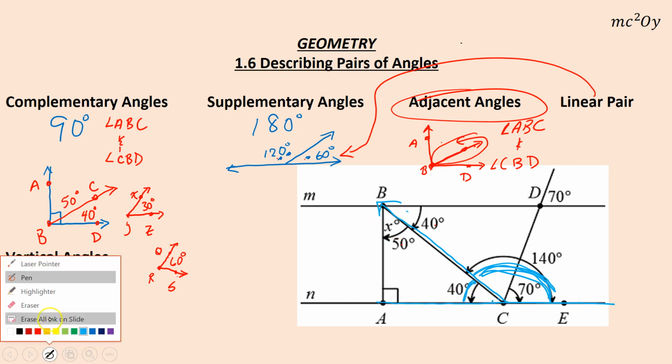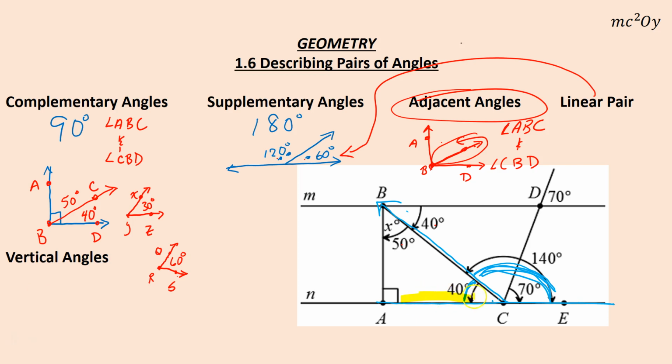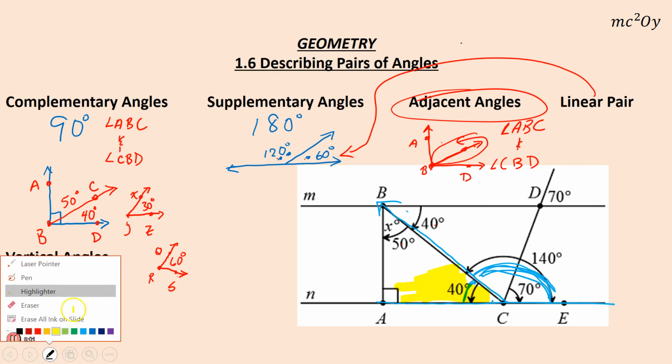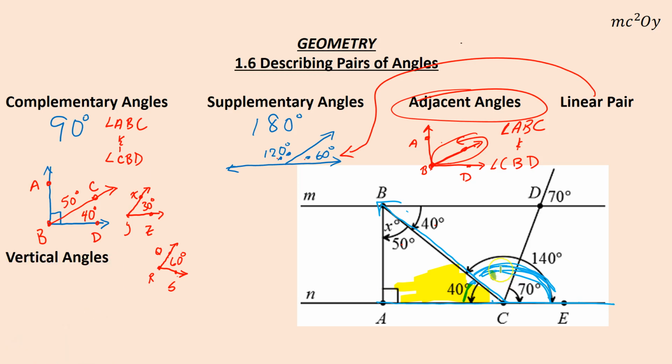Those two angles, that one right there and this one right here, are a linear pair and they're supplementary.